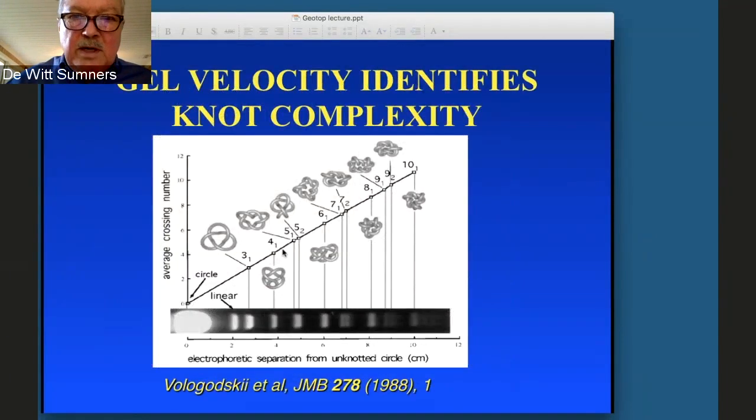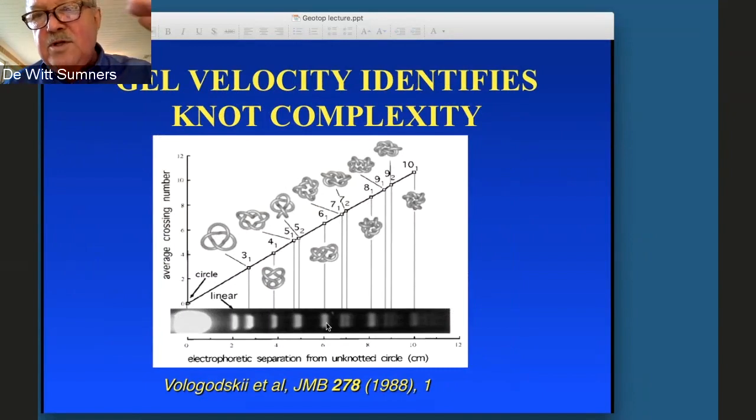Again, people study this a lot, but there's a linear relationship. Here's the gel, and here's the average crossing number. So there's a linear relationship between crossing number and position in the gel. So if you know the position in the gel, you can detect the knot type, or at least you can detect the crossover number.